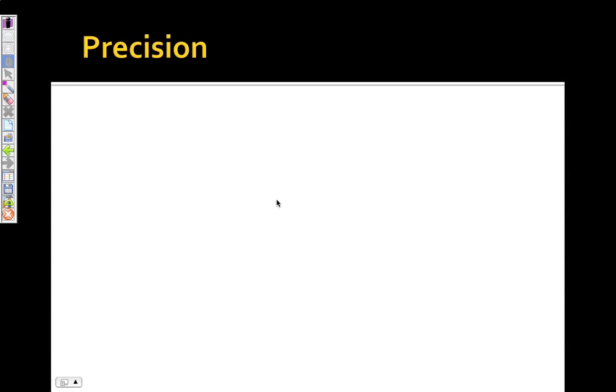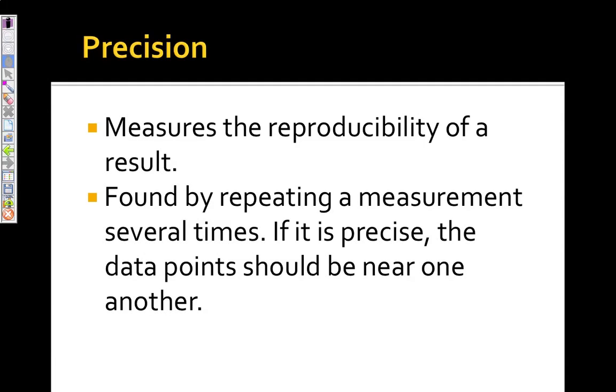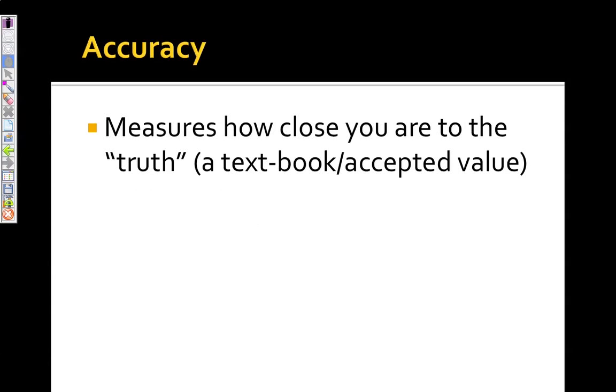So precision, it's a measure of the reproducibility of a result. And it's found by repeating the measurement several times. If it's precise, then the data points should be near one another. Precision is often used interchangeably with accuracy, however the words do mean different things in scientific terms.